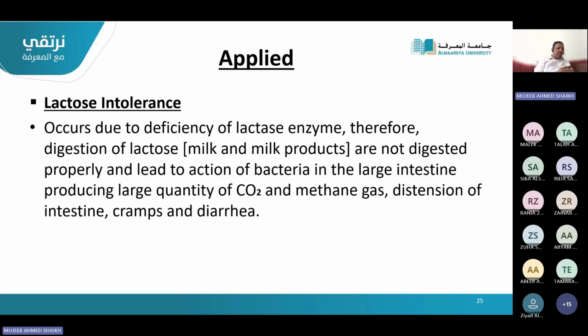Okay, after looking at the motility, digestion, and secretion, what applied aspect can be answered because of this knowledge? One condition is very common. Maybe you might have heard, if you go to any grocery shop, you will see normal milk, and there is one milk which is called lactose free, right?